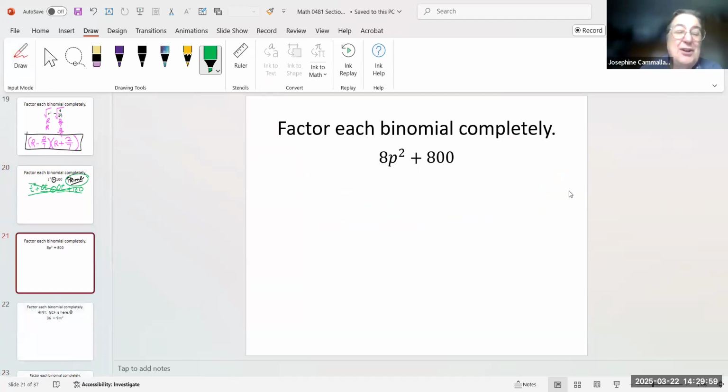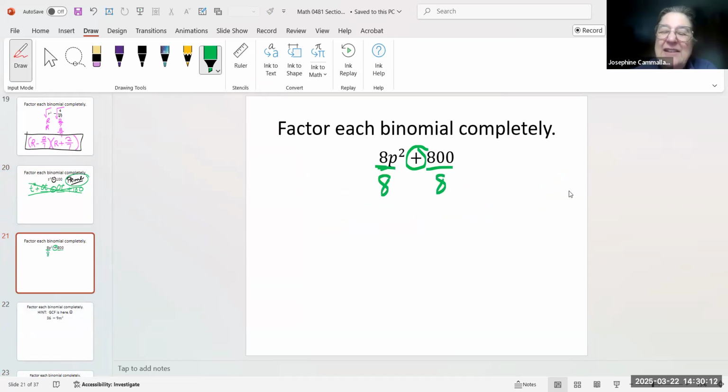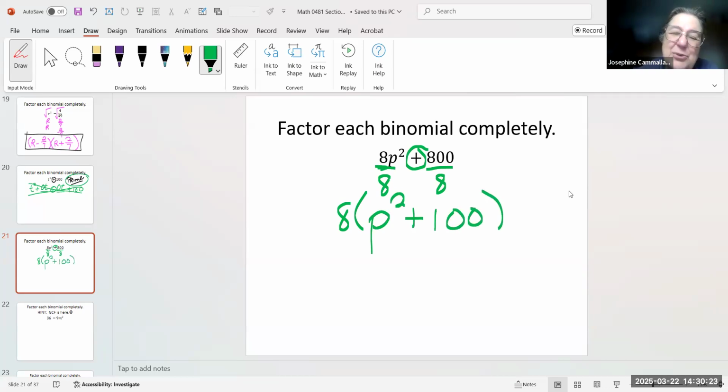Now, hopefully you see this one. It's plus, but this has a number. Can I divide 8 into both of these? Sure. Which gives me p squared plus 100. Do you remember this is just what we had in the last slide?